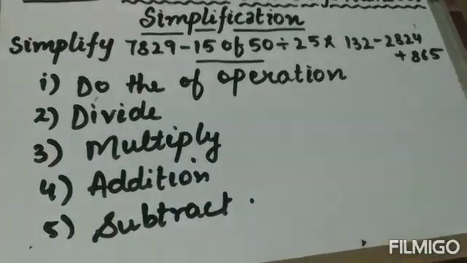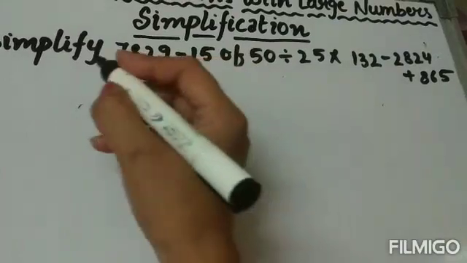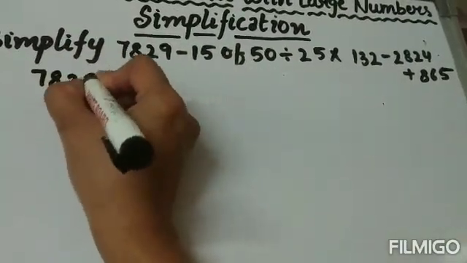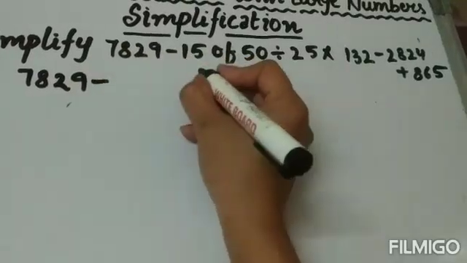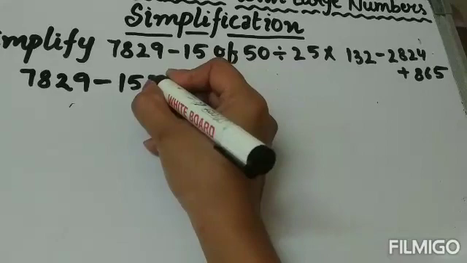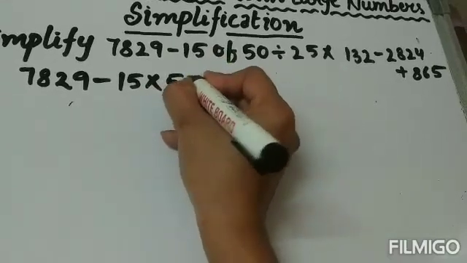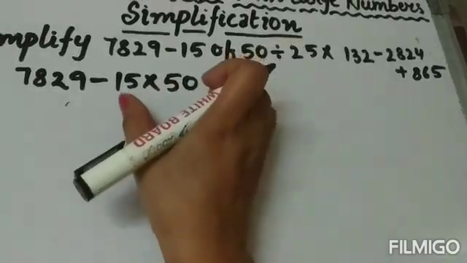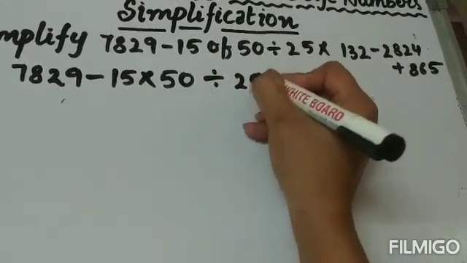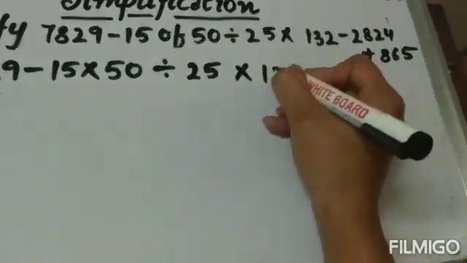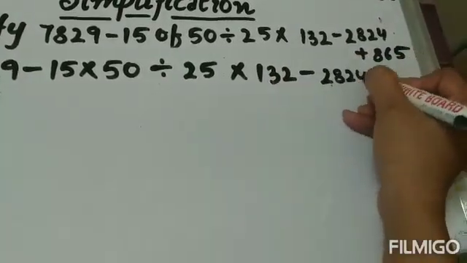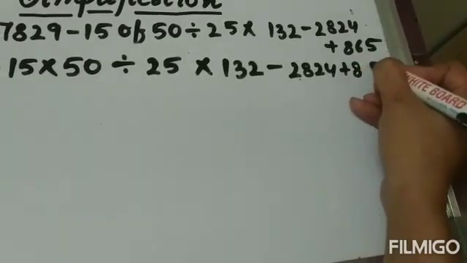Now let's start solving this question. So this will be 7829 minus 15 of 50, which means 15 multiplied by 50. We will solve this part first. After that, write the same 25 multiplied by 132 minus 2824 plus 865.